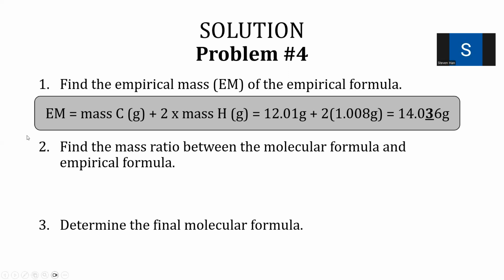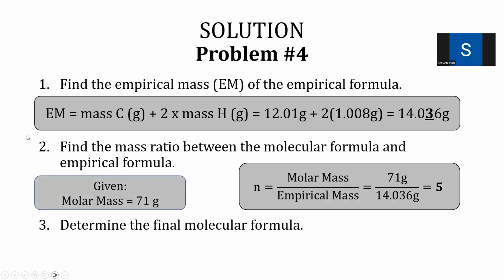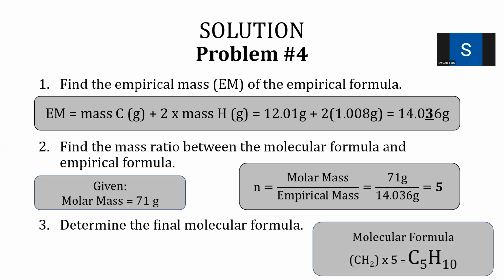N equals 71 grams divided by 14.036 grams for a final value of 5. Thus, determining the final molecular formula is done by taking the empirical formula of CH2 times 5 for a final molecular formula of C5H10.